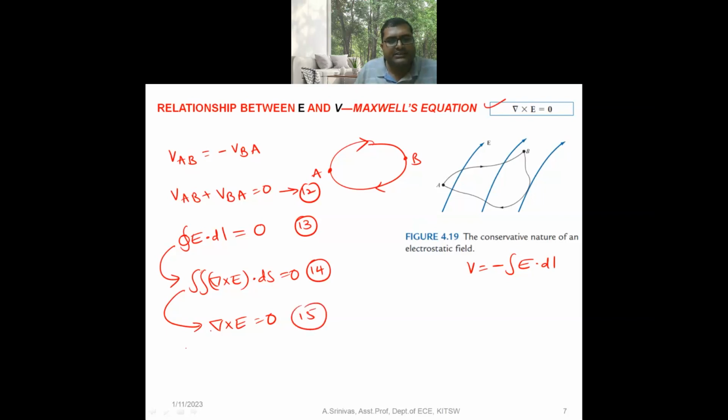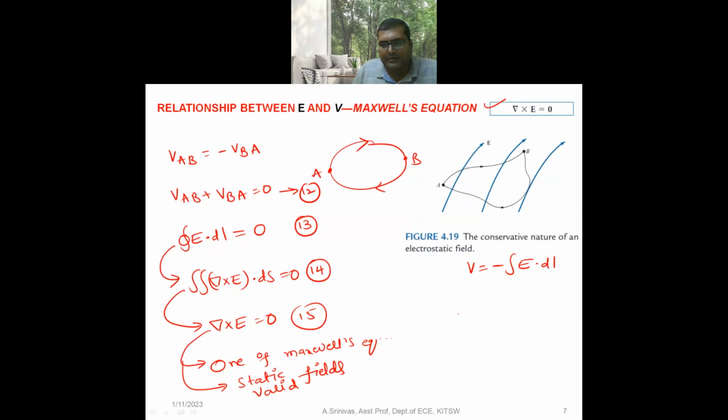Let it be equation number 15, and it is one of the Maxwell's equations. This equation is valid only for static fields, not for time varying fields.